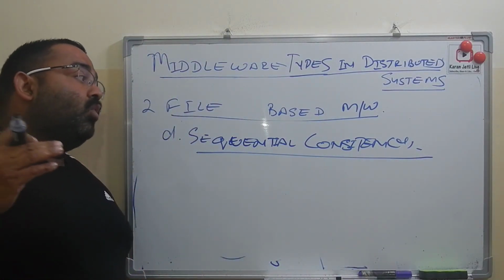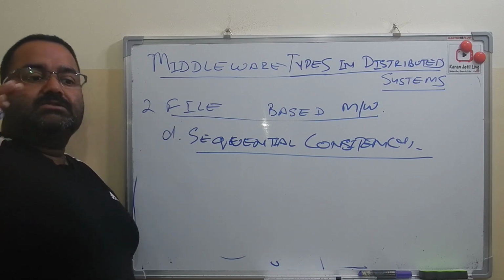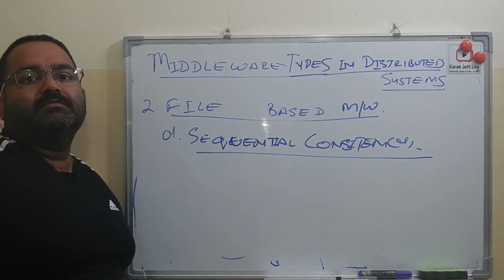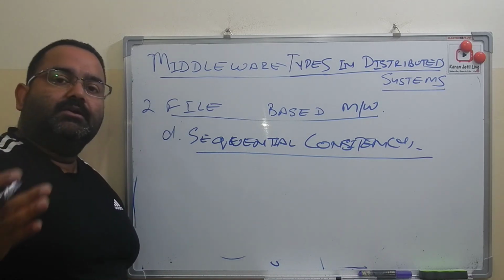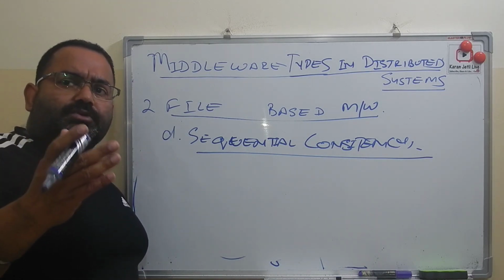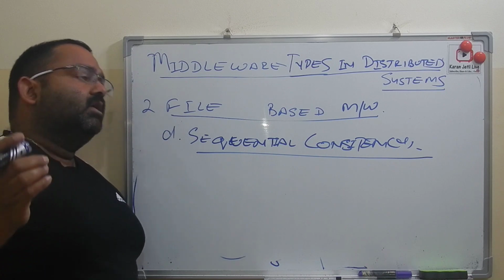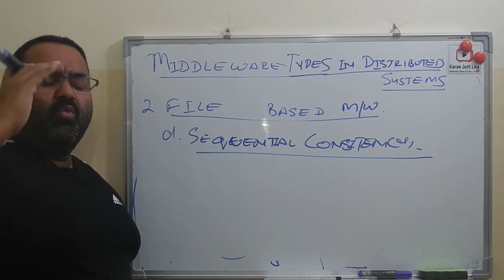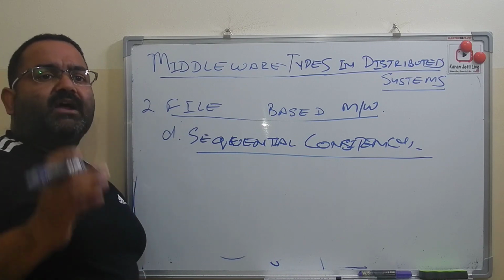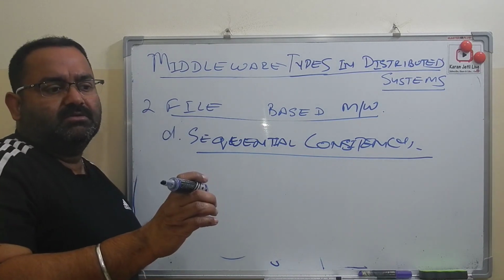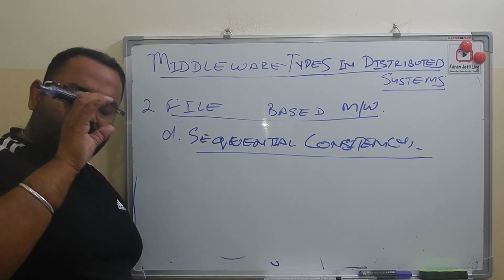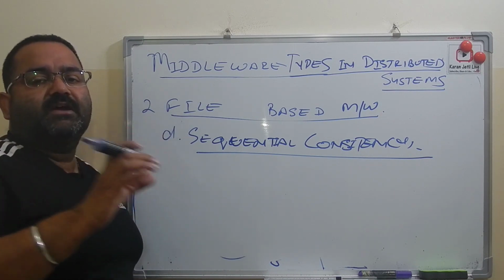Now guys, what is consistency? If you have already studied databases, or if you are studying concurrent programming, you must know what consistency is. Consistency says whatever the contents of a file are at one location, the same should be at all the locations which have copies of that file.